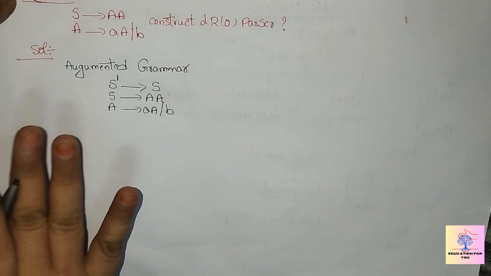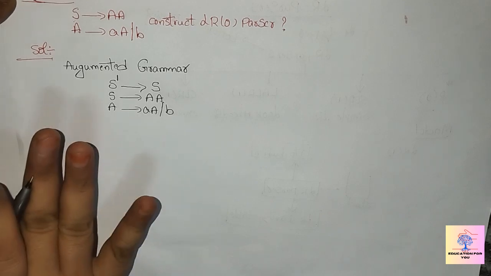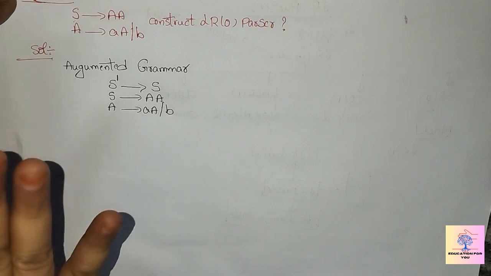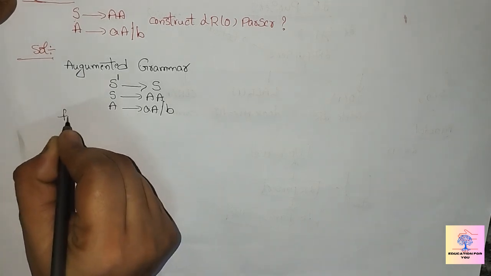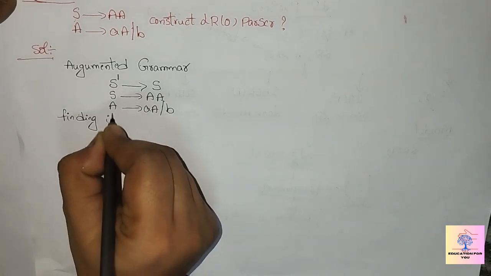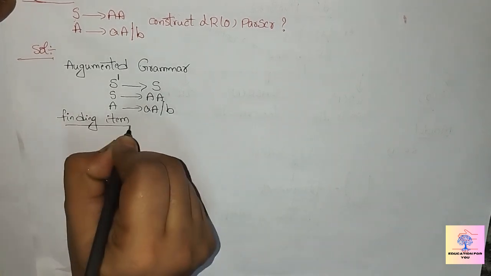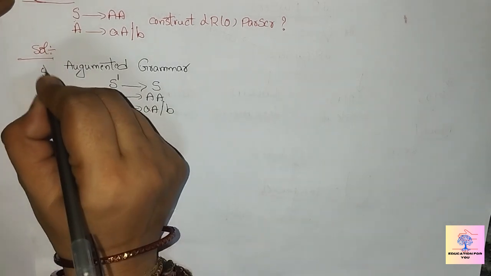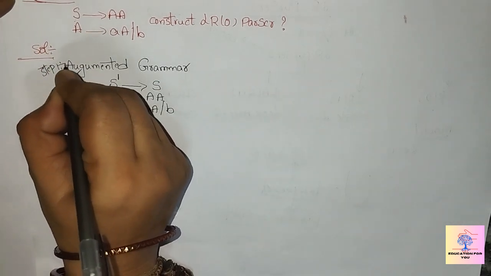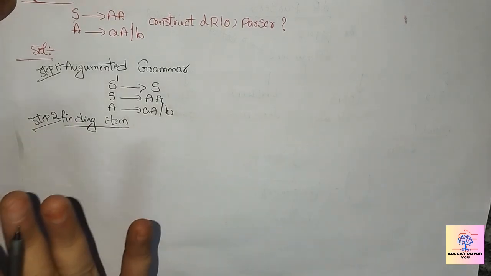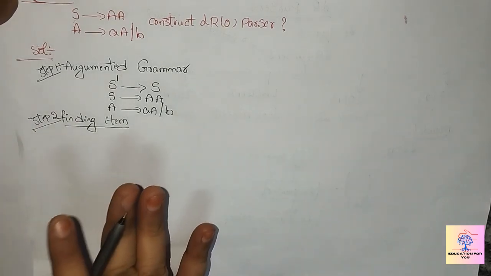Now step 2 is finding the item. What is meant by finding the item here?